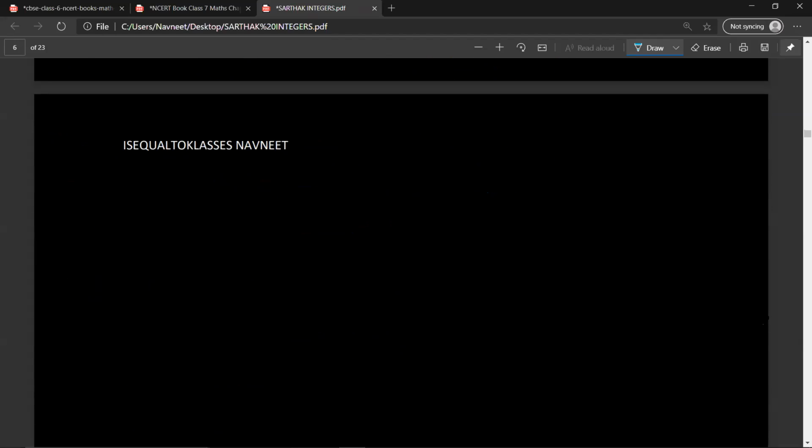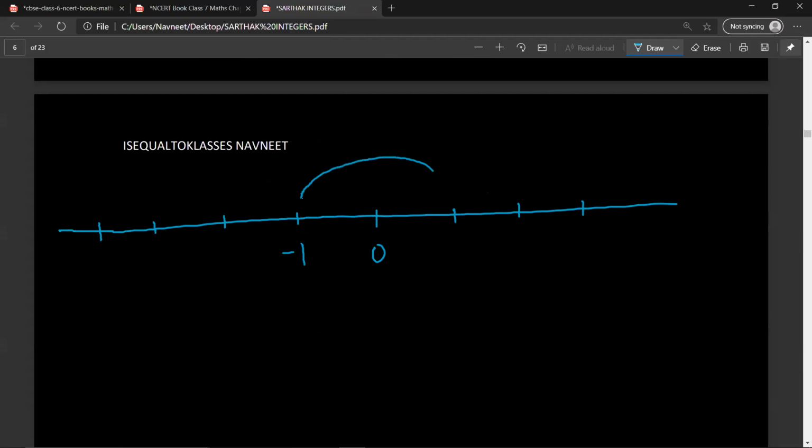Okay, so Sarthak, here usually there is a confusion. That is why we have to be very clear about the number line. So if I'm at -1 and I go here and I go here, what will be this number? 1.